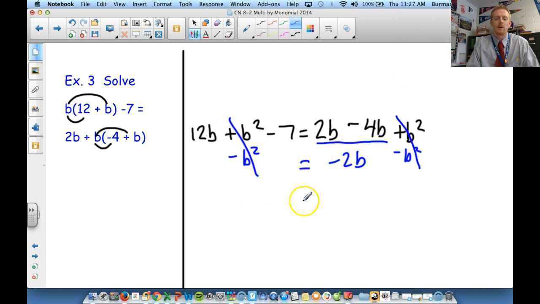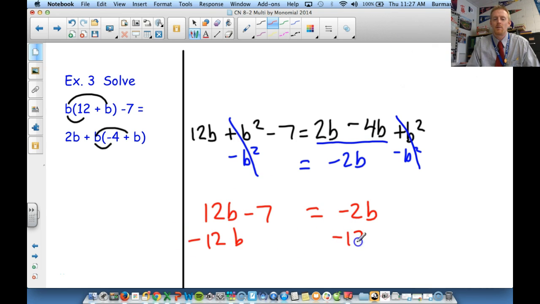So right now we have a 12b minus 7 is equal to a negative 2b. From here, because we have our number over here, we'll just subtract 12, our constant, from both sides, and we'll be left with a negative 7 is equal to a negative 14b.